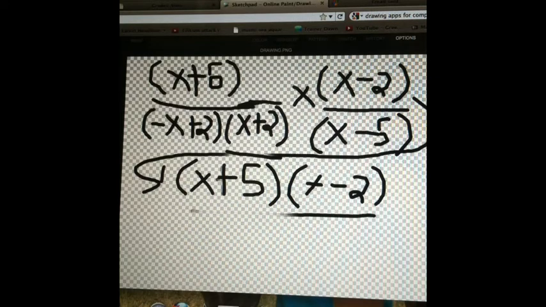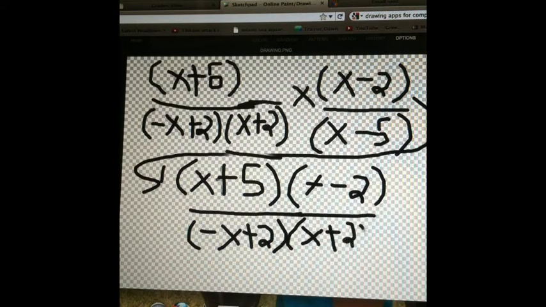That wouldn't be right. Instead we do have the x minus 5, but the minus x plus 2, 1 comes before x minus 5. And then we have x minus 5, finally. Okay?